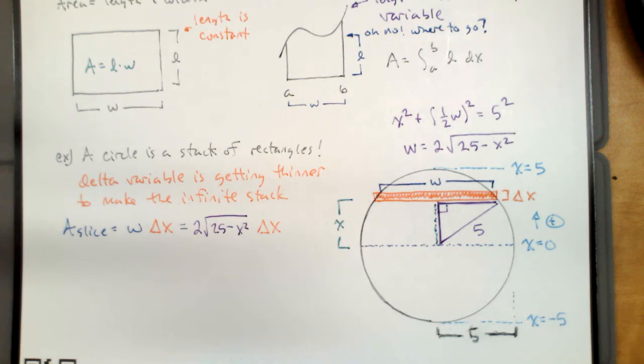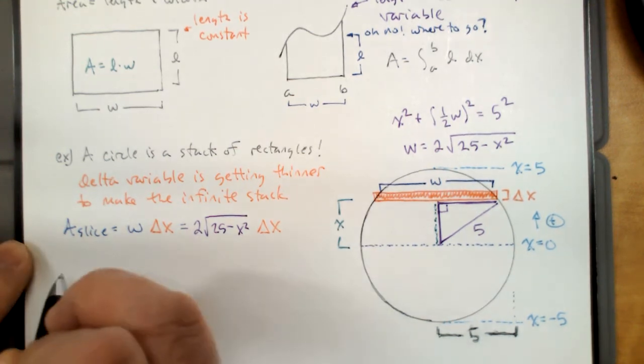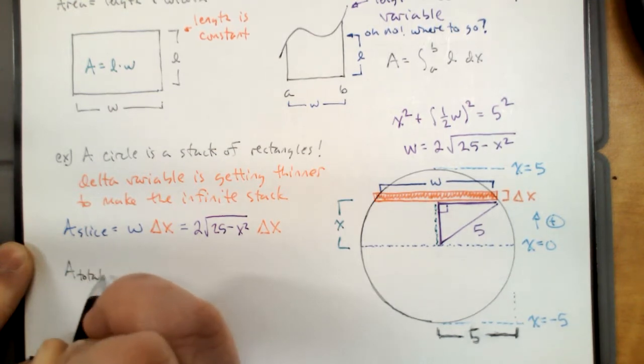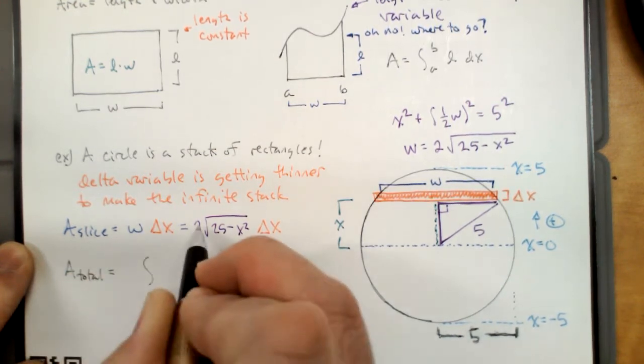In a Riemann sum, we would add up all these rectangles and then let the number of rectangles go to infinity. But since we're sophisticated modern calculus students, we know that a Riemann sum is just going to turn into a definite integral. So for the total area, I'm going to write a definite integral. There's a factor of 2.